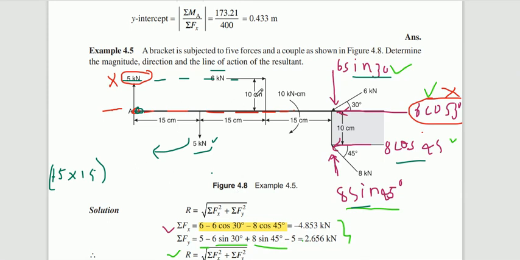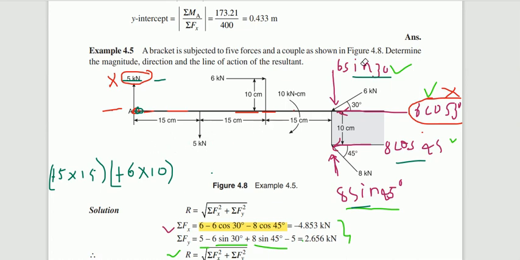What is the direction? Positive. In order to reach the point A, the force should come like this only, therefore it is positive. Now you have to apply the bracket. So moment due to 5 is over, moment due to 6 is over.